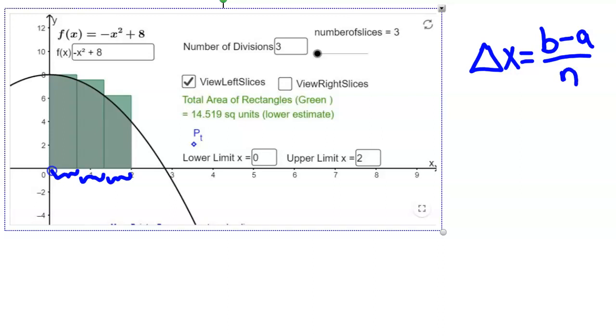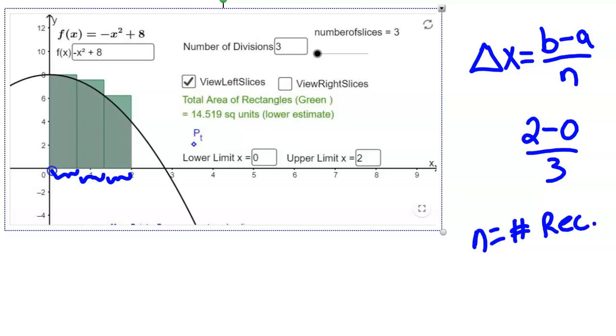So in this case, it'd be 2 minus 0 divided by 3, where n equals the number of rectangles, a stands for the lower bound, and b stands for the upper bound. That gives us the width of those rectangles.